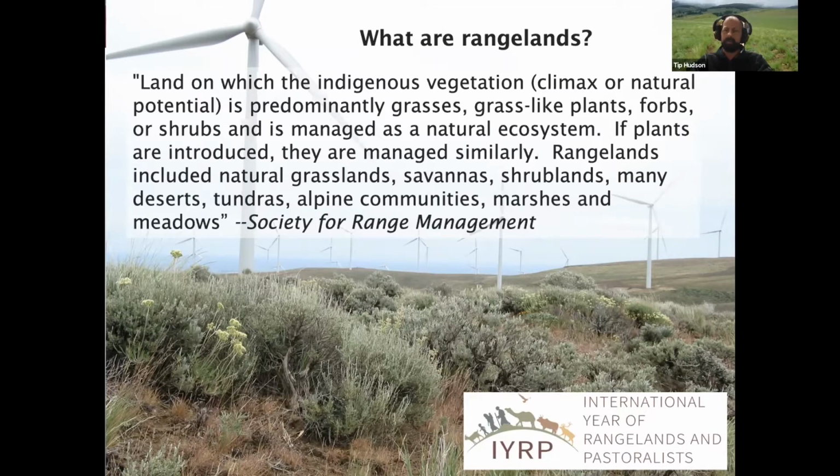And because restoration of rangelands is typically expensive and not guaranteed to succeed, it's pretty important to prevent rangelands from crossing ecological thresholds into degraded stable states before that restoration is needed.